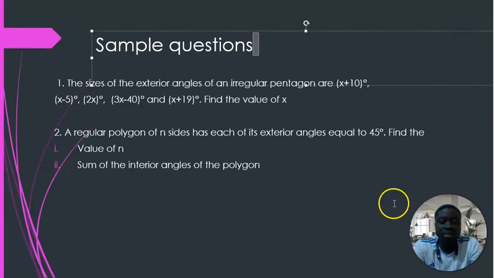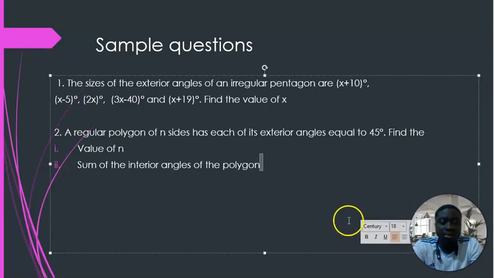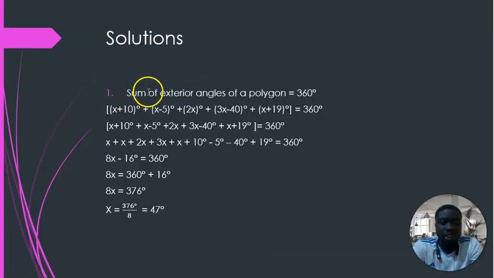So the sum of exterior angles of a polygon is 360 degrees. Now let's add them. We open one big parenthesis, since all the angles are in brackets.